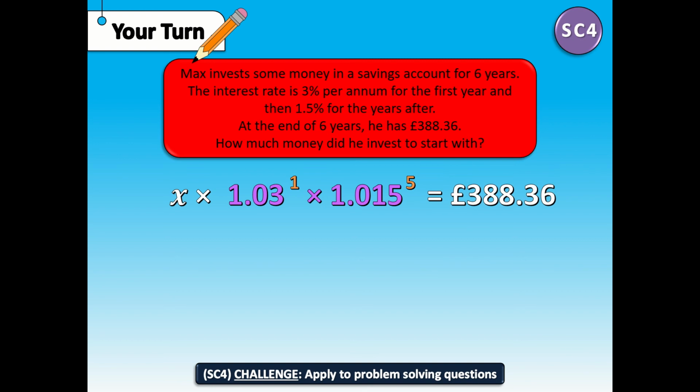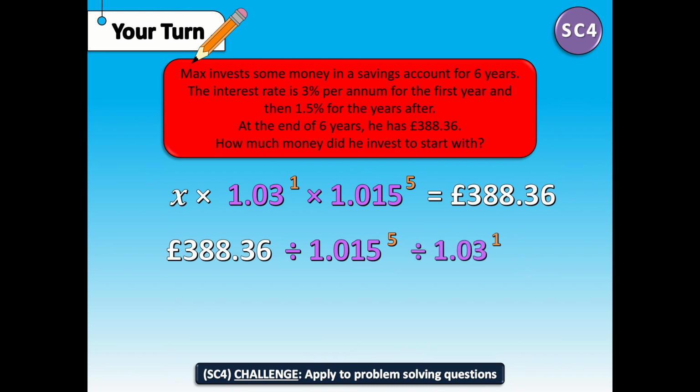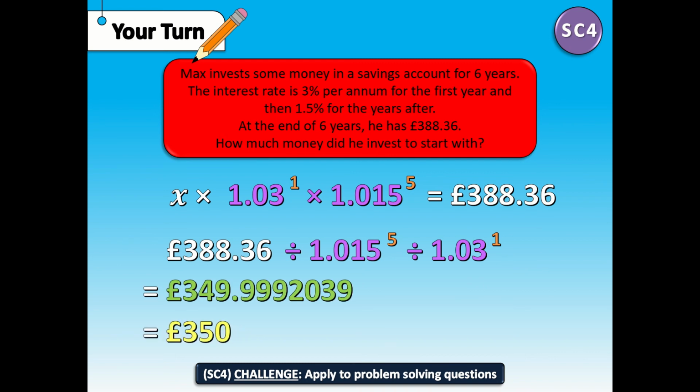So we need to work backwards doing the opposite. So we divide by 1.015 to the power of 5, and then divide by 1.03 to the power of 1. That gives us this answer on the calculator. So to the nearest pence, our answer is £350.